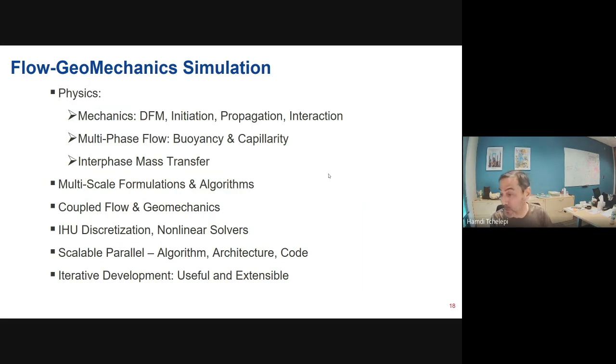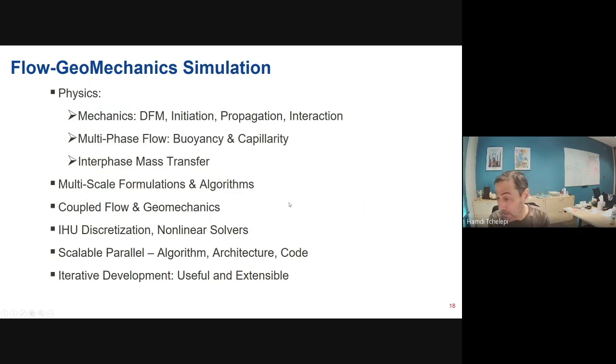Now you have to formulate problems that are multi-scale, think multi-grid, but for nonlinear dynamics, in order to solve the problems in reasonable time with reasonable computational resources. And we work on all of these aspects. We work on understanding the physics at the fundamental scale. We work on developing multi-scale formulations of these systems.